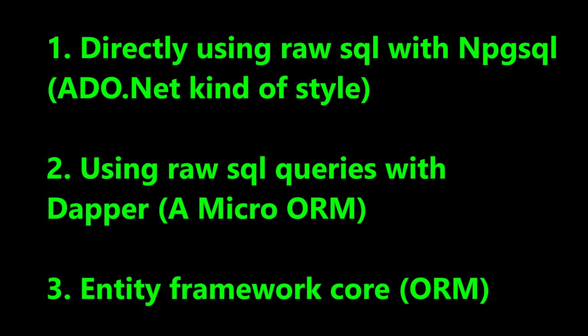With the ORM, we are not directly writing SQL queries. Instead, we are given some methods which are translated to SQL queries. So you are not directly writing the SQL queries. Instead of that, you are calling those methods in an object-oriented way, and you are getting your things done.